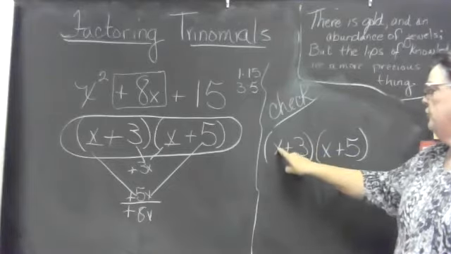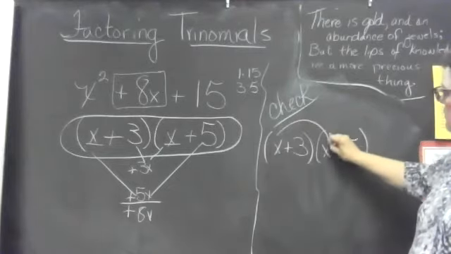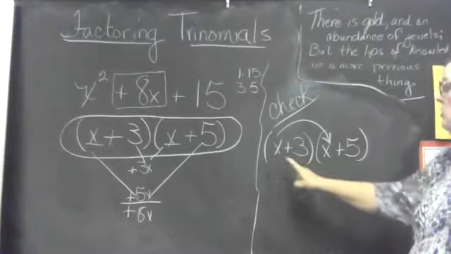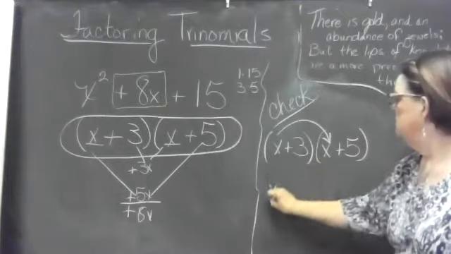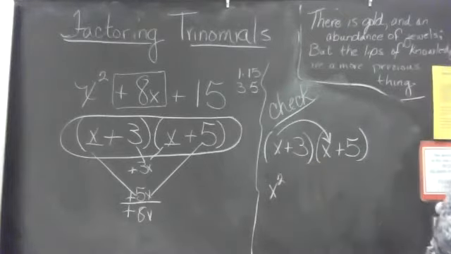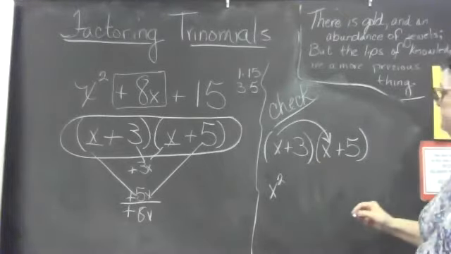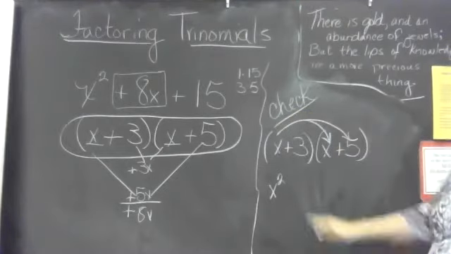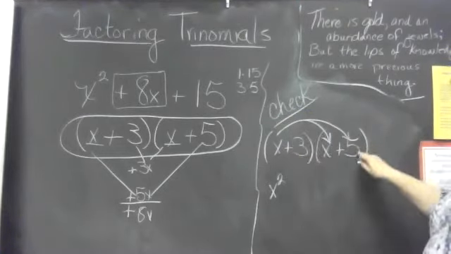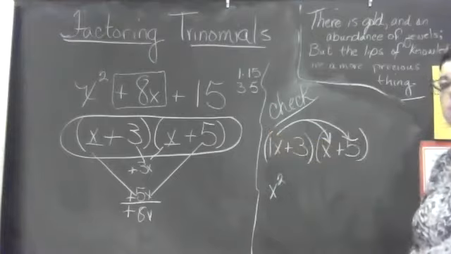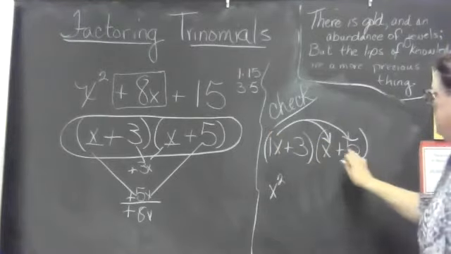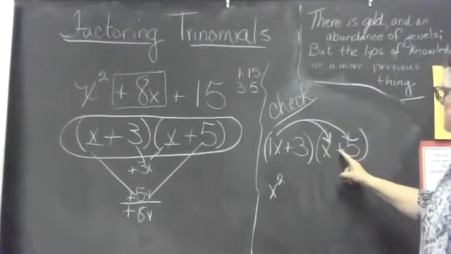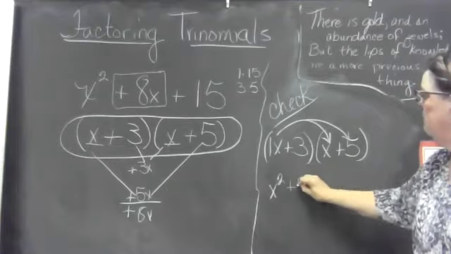I'm going to start with this first, and multiply it times the x. So x times x is x squared. Then I need to take this first term and take it times everything in that parentheses. So now I'm going to take x times 5. Now remember, this is an invisible 1. So 1 times 5 is a positive 5x.